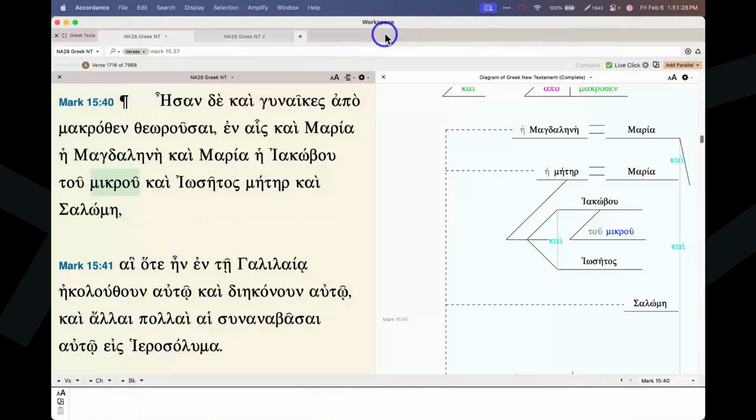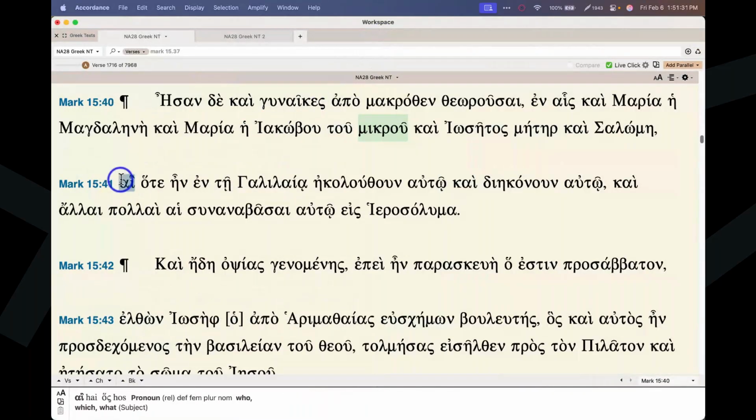So Mark's talking about these women. So we get the three named, hai en te Galilaia ekolouthoun auto kai diekonoun auto, kai allai pollai hai sunanabasai auto eis Hierosoluma.